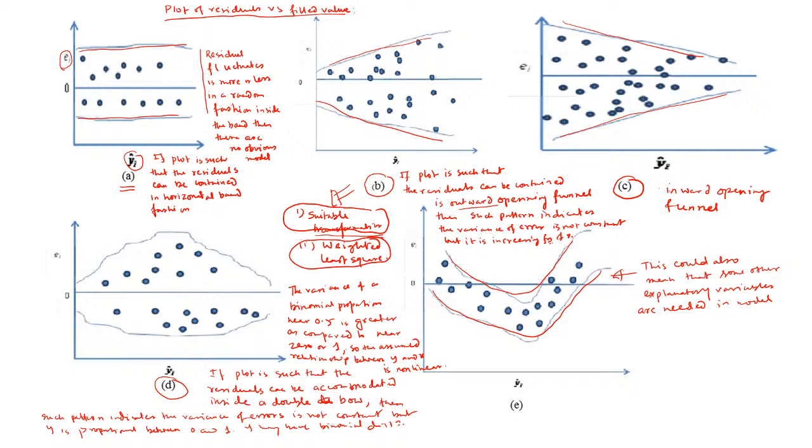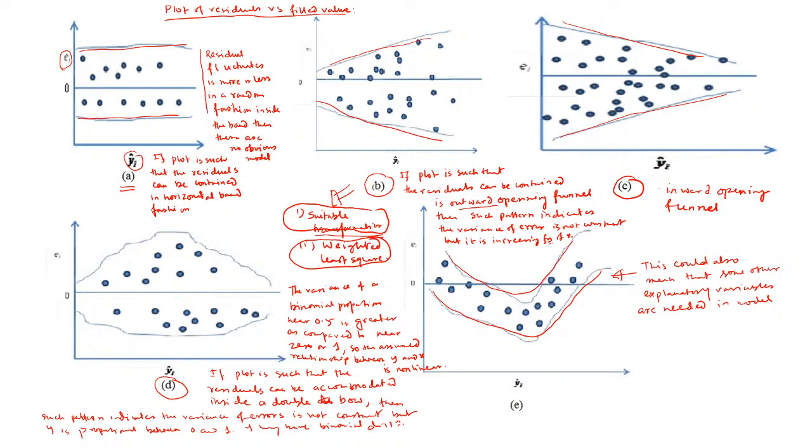Moreover, note that a plot of residuals against yi hat may also reveal one or more unusually large residuals. Again I repeat this point. These points are potential outliers.